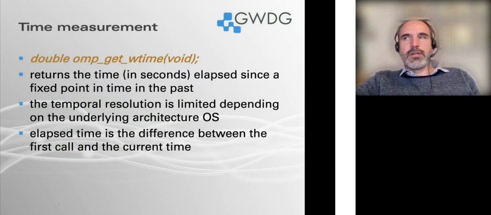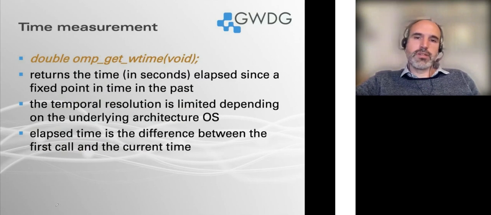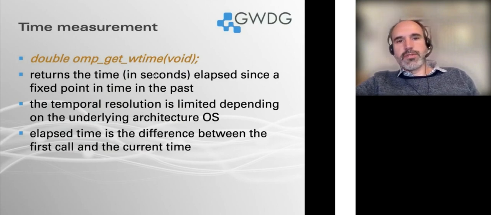Coming back to the time measurement, there is this omp_get_wtime. The return value is a double, and it basically returns the time in seconds elapsed since a fixed point in time in the past. The temporal resolution is limited, which depends, of course, on the architecture and the operating system you use.